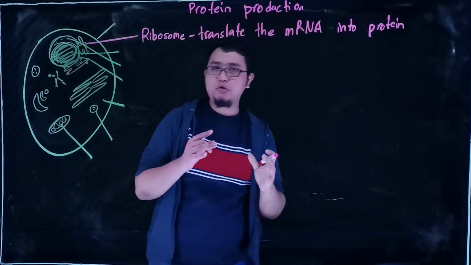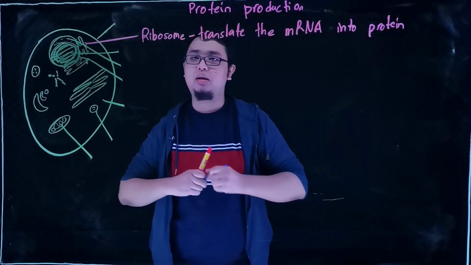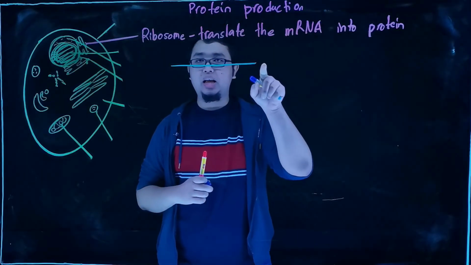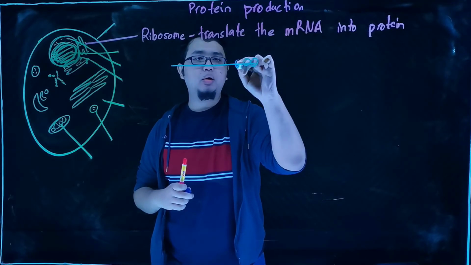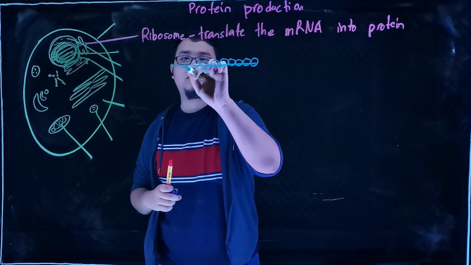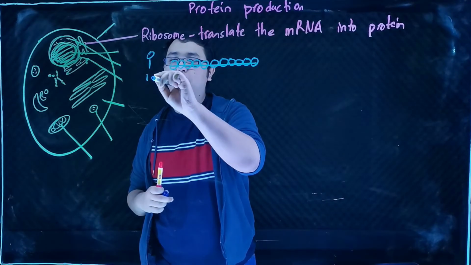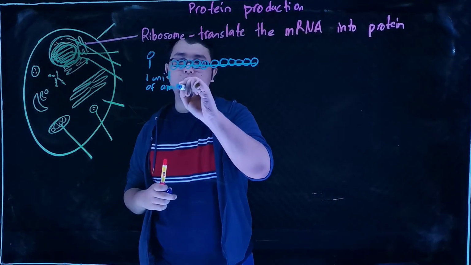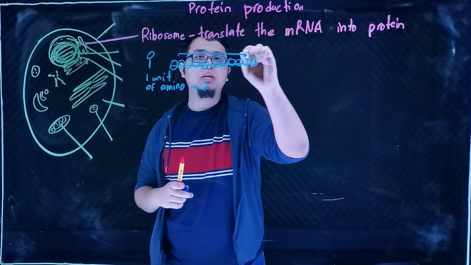If I were to give you a visual analogy, just imagine a string. On top of this string, it is required to be assembled with amino acids. Consider this ball as an amino acid. So one single ball is 1 unit of amino acid, and the entire chain is our protein.